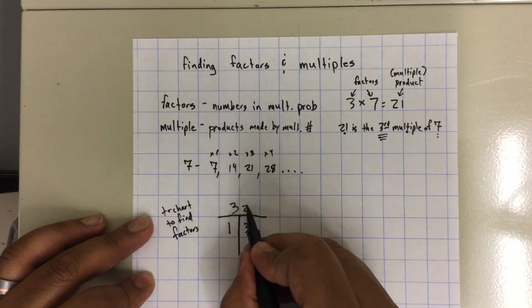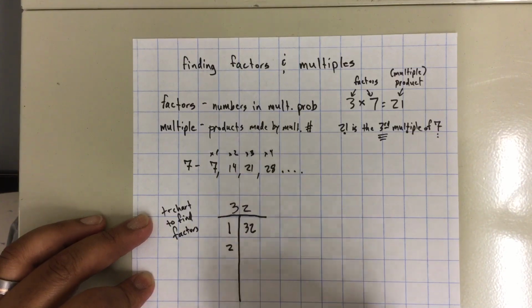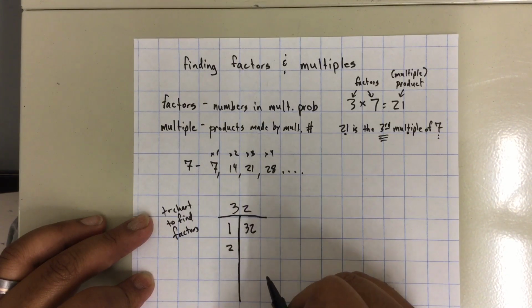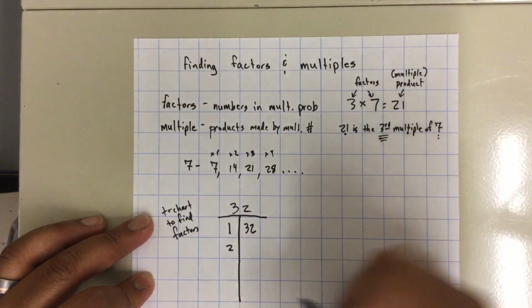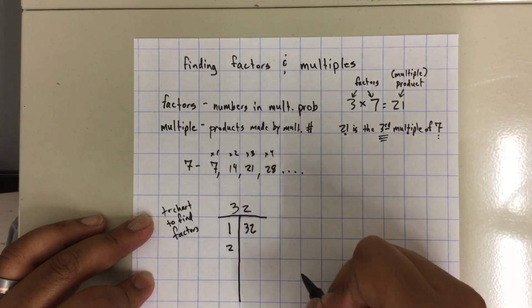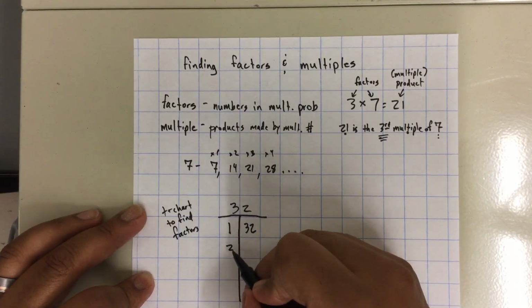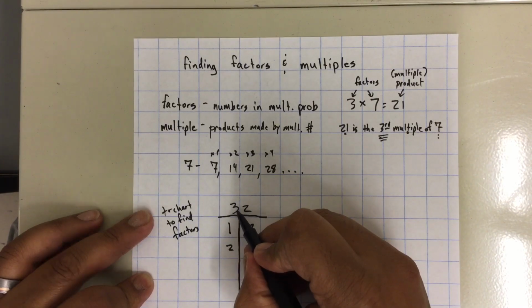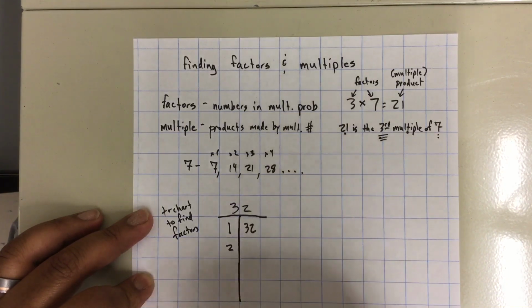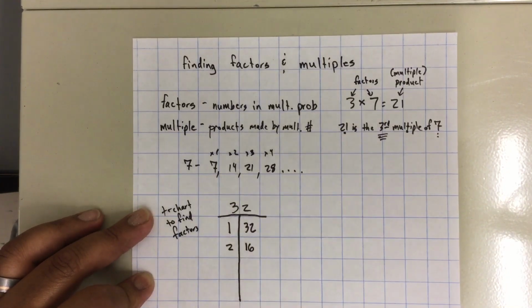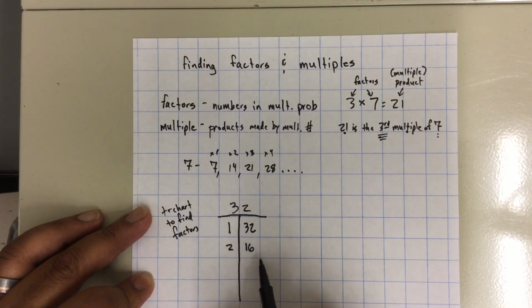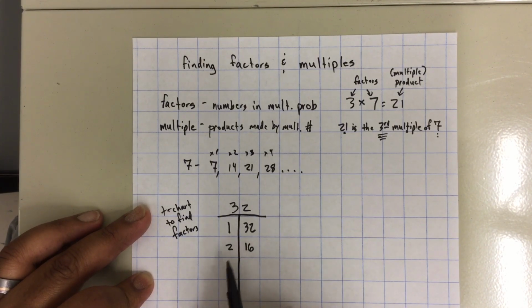Since our rule was works with even numbers, we know it's going to work, and now we've got to figure out what it was. Using a multiplication chart, using division, using that little technique where we say 2 times what equals the tens place, 2 times what equals the ones place. Whatever you want to use, you find out it's 2 times 16. The point is, you know to look for the 16 because you know something works with the 2.